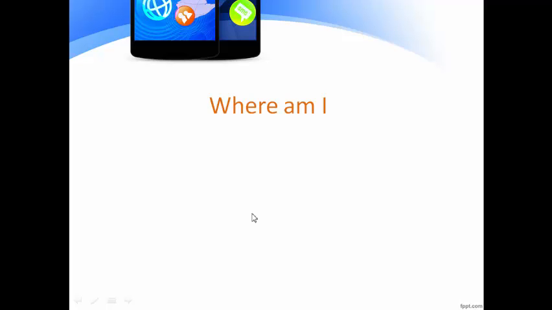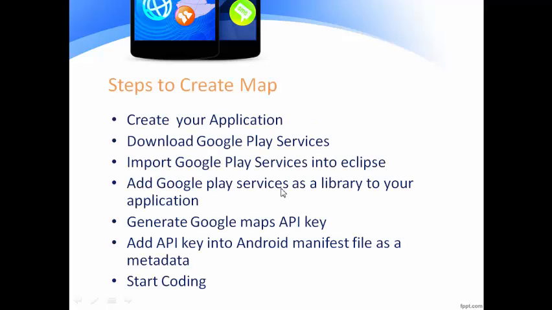Before that, if you want to display a map, what are all the steps you have to follow. First you have to create your application, and you have to download Google Play services. It is an SDK provided by Google to access the Google services like map, etc. For that you have to download the Google Play services. I will show how to do this.